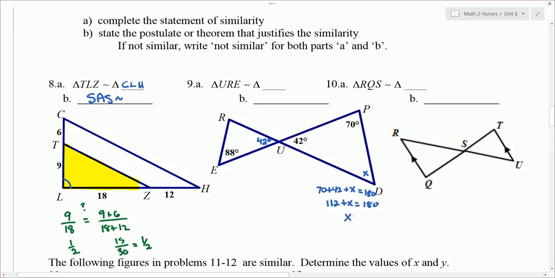Subtract 112, and we get 68 degrees. So if these two triangles were similar, they would have the same angle measurements, and the left triangle has an angle measurement of 88 where the right triangle doesn't, so we're just going to say these are not similar.